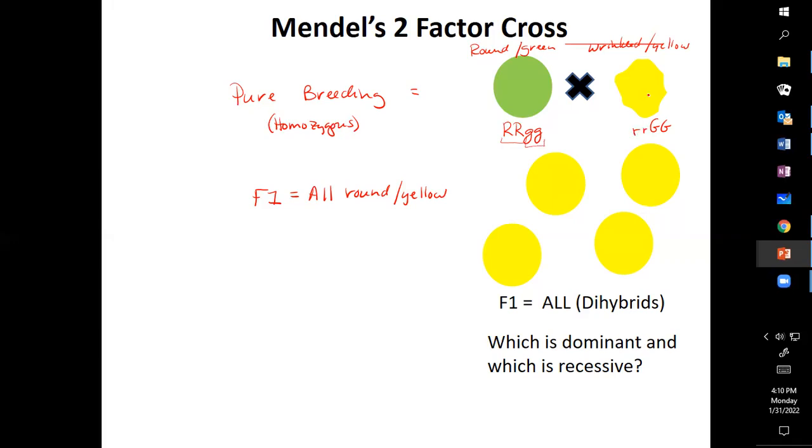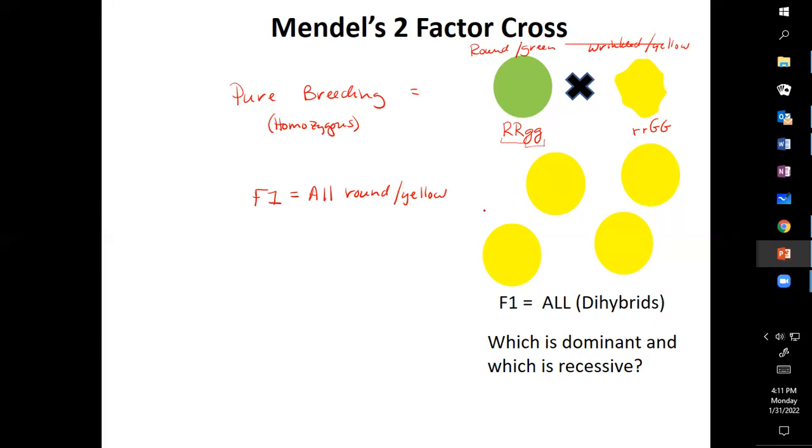And a self-cross here would always result in wrinkled yellow seeds. So in determining dominant and recessive, the dominant allele still masks the recessive allele. But this doesn't tell us whether or not green influences yellow or wrinkled influences round.